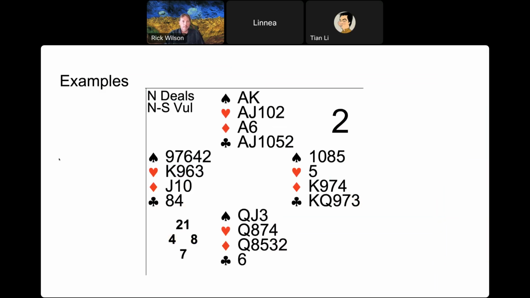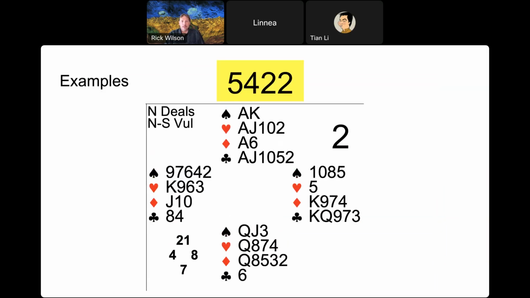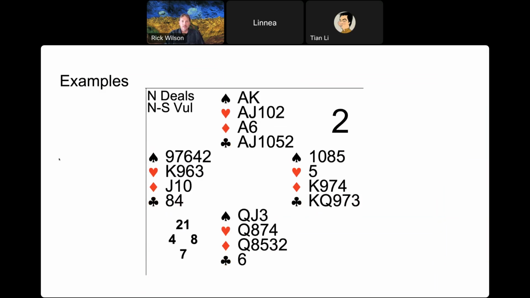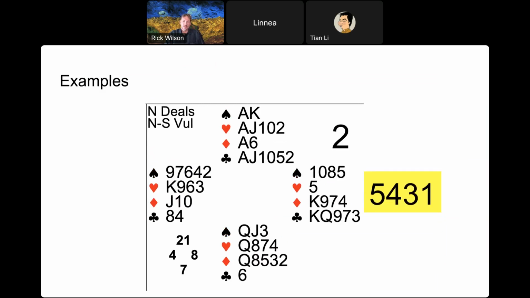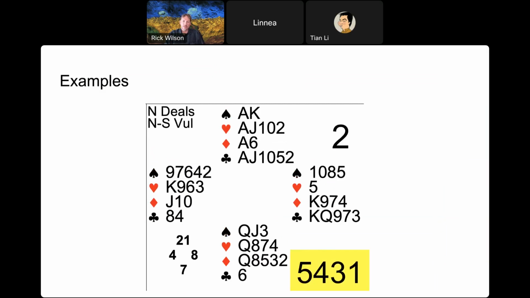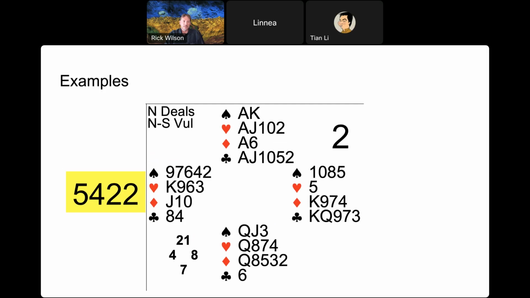So, yeah, what are we looking at here? Oh yeah, this is just looking at a particular deal. The hand north is a 5-4-2-2, east is a 5-4-3-1, south is a 5-4-3-1, and west is a 5-4-2-2.